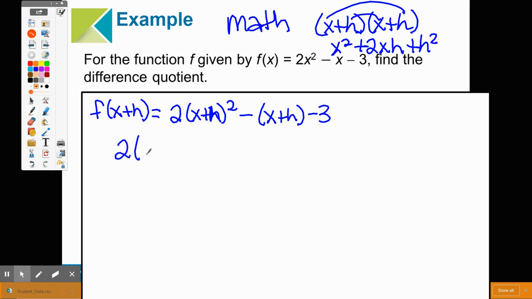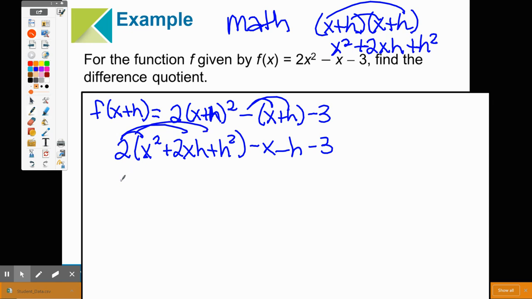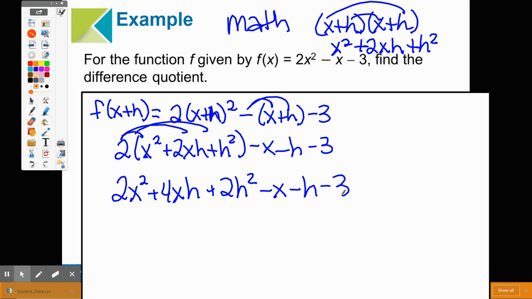So this is 2 times x squared plus 2xh plus h squared minus x minus h minus 3. We'll distribute, and we get 2x squared plus 4xh plus 2h squared minus x minus h minus 3.